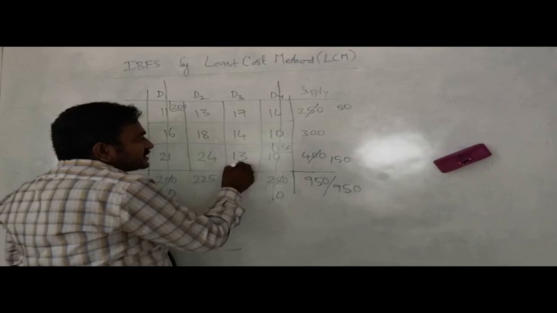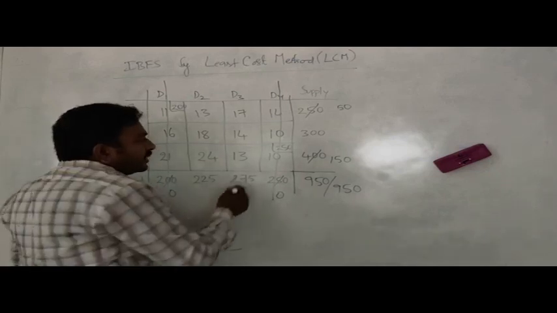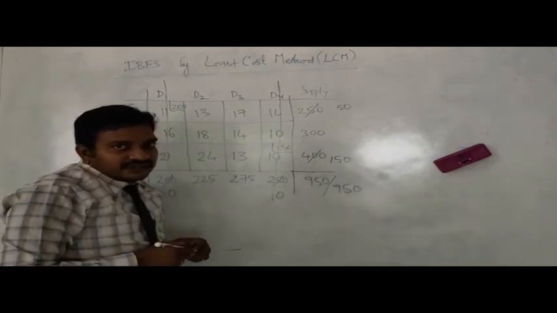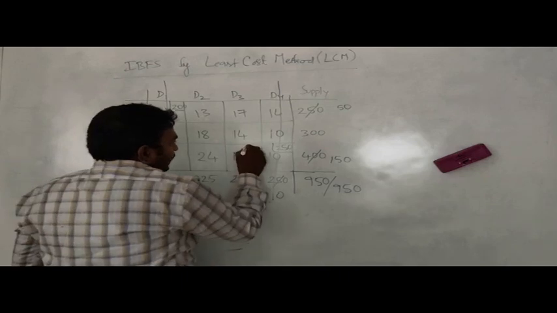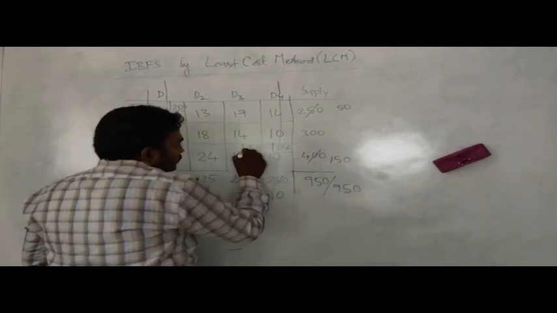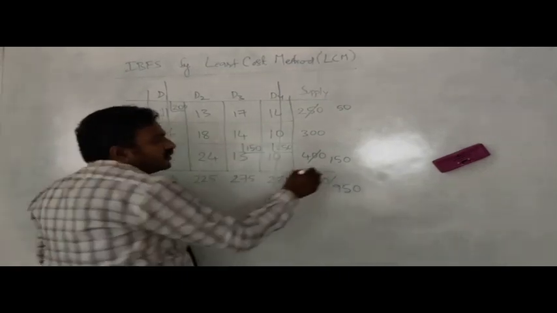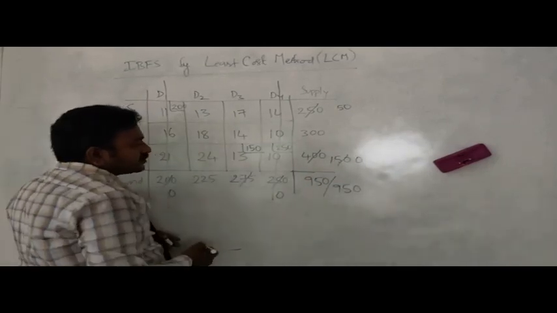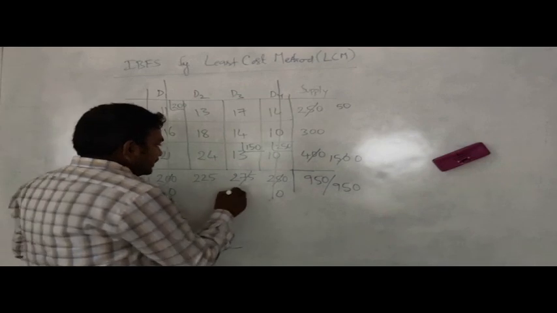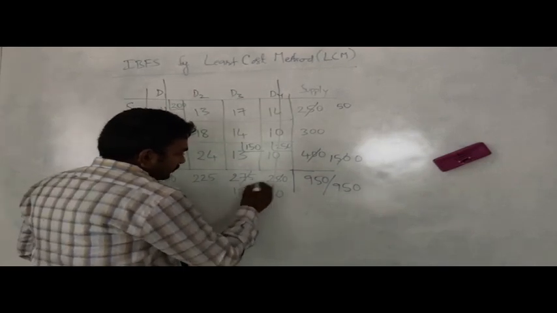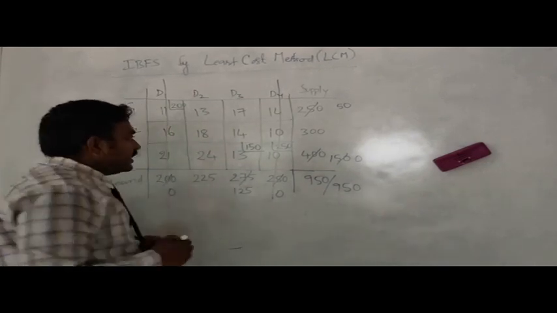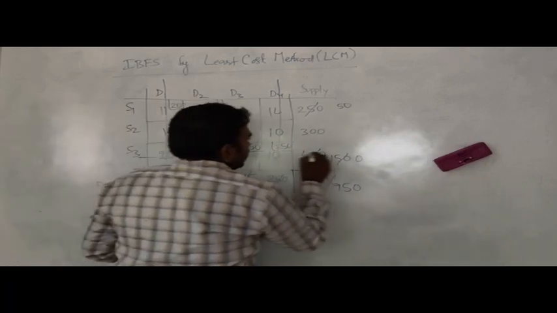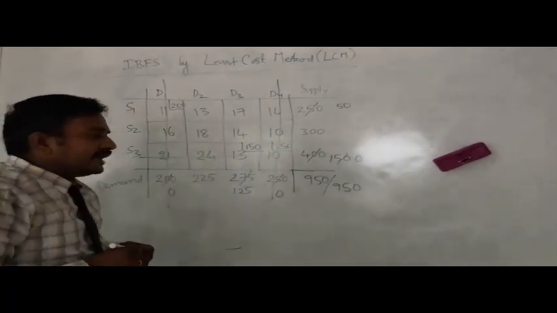If you choose the other 13, then you may be able to allocate 150 units here. So I am allocating 150 units here. This becomes 0, and after subtracting this 150, it is 125 here. This gets 0, so eliminate this one also from the table.